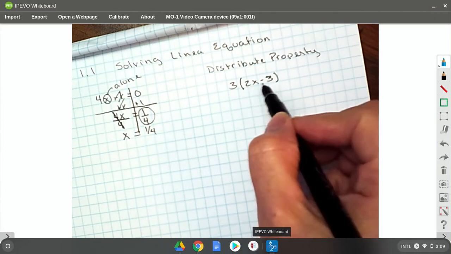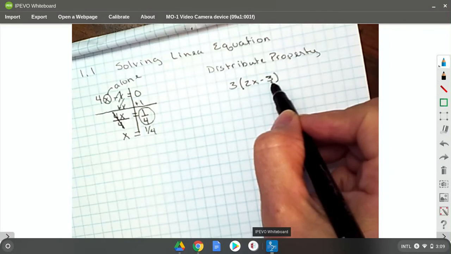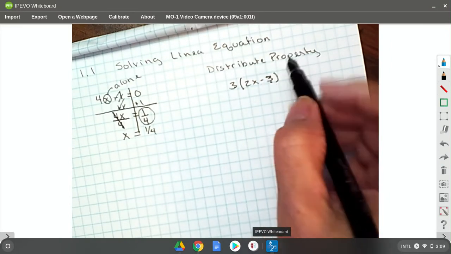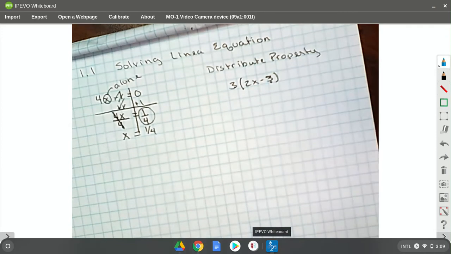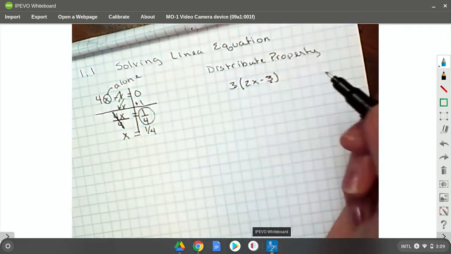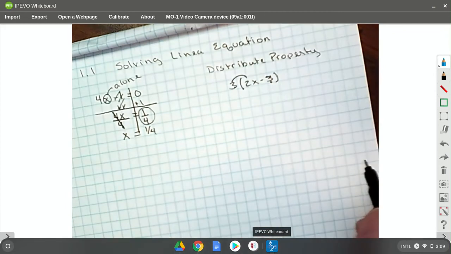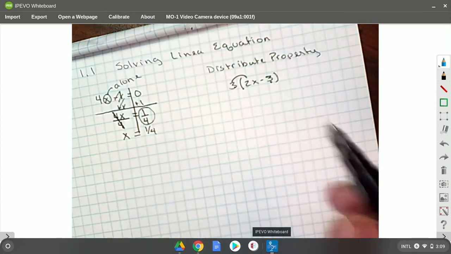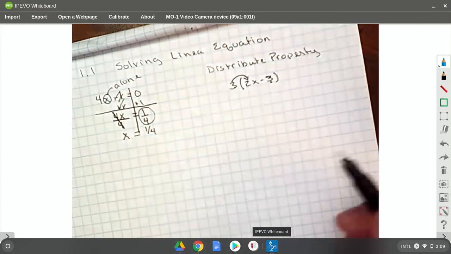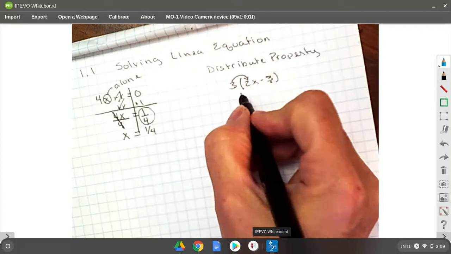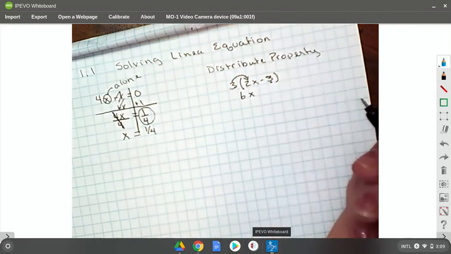I have 2 terms inside of this parentheses, so I have to multiply this 3 two times. That is honestly the most common error that people make. They do not distribute to everybody inside of the parentheses. So that is 3 times 2x. That gives me a 6x.